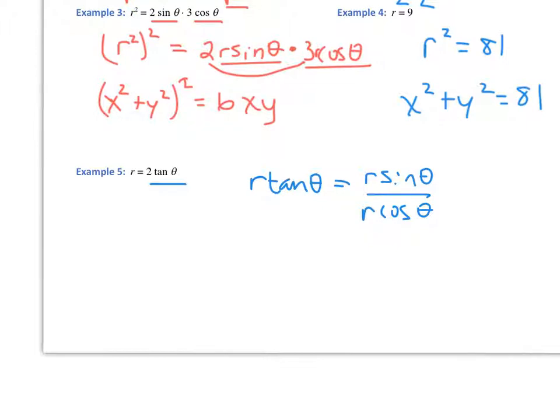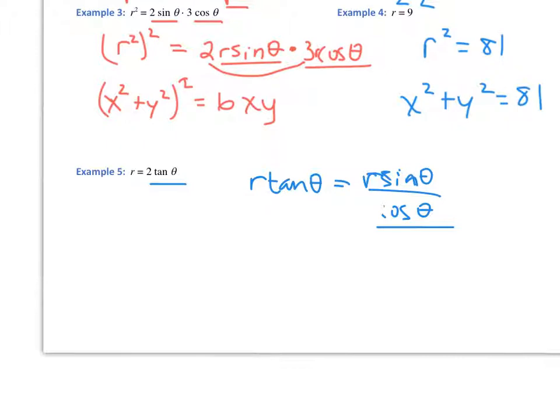No, because what would happen with the two r's? They cancel. If we only put r in one of the spots, are we able to convert the other one into an x and a y? No, because this r sine theta we could change to a y, but we wouldn't be able to change this into an x. So I like the way you're thinking, but it wouldn't work out.